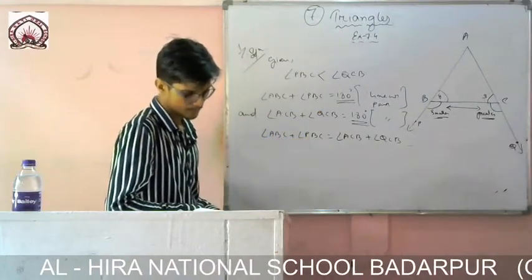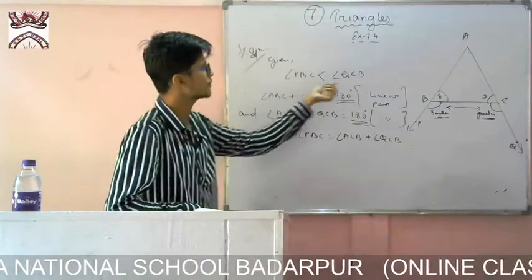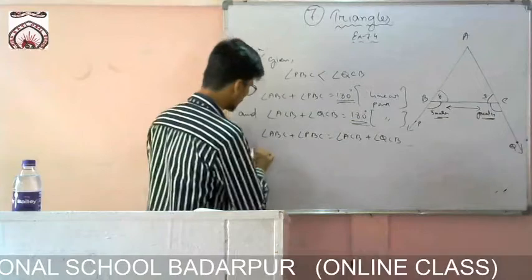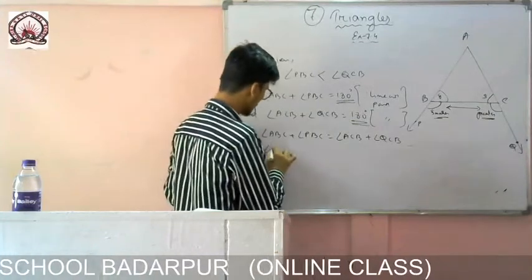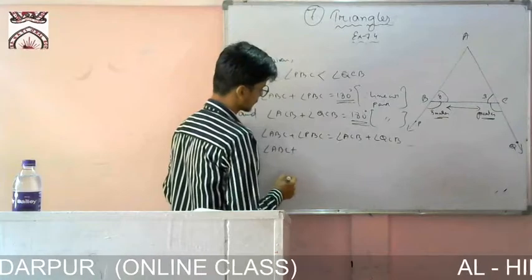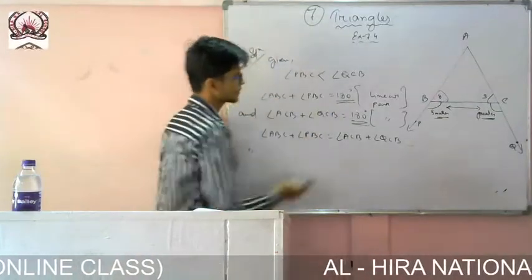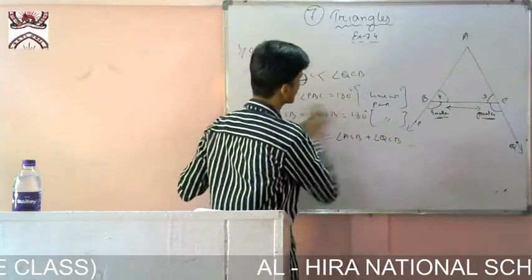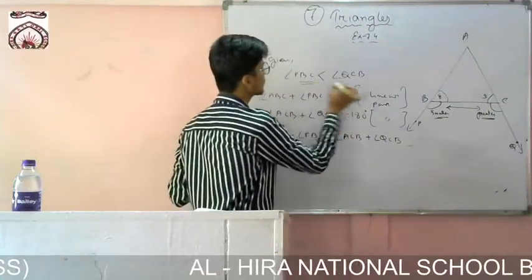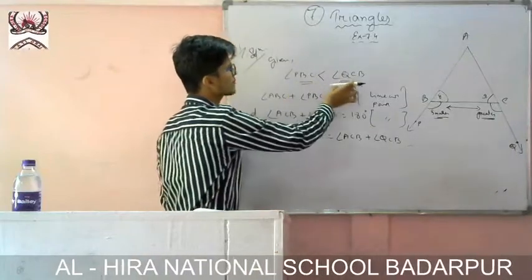Okay. Now you see, it is given in the question that PBC is smaller than QCB. Let me keep it the same so you can understand. You see here, these two angles are not equal; this angle is smaller than that angle.